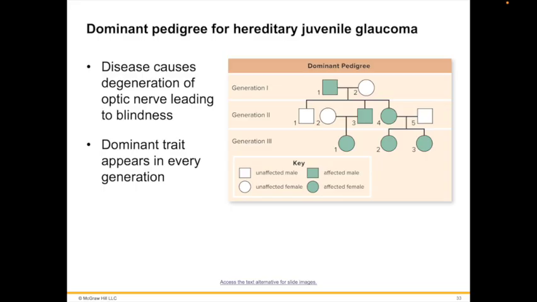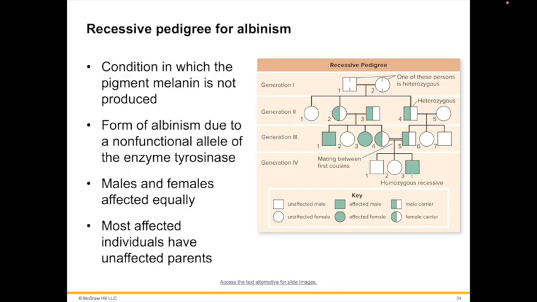An example of a recessive pedigree for albinism is shown in figure 13.11. That is now shown. In cases where genotypes of heterozygotes who do not display the trait are known or can be inferred, they are shown as half-shaded.